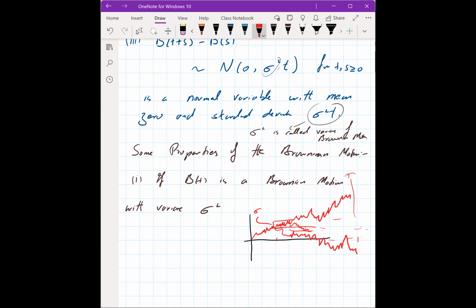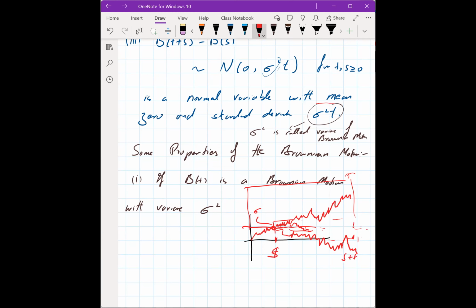So that's why the normal variable, which describes the difference of these two values, value here and value here, that deviation is a normal deviation, but it scales with t.